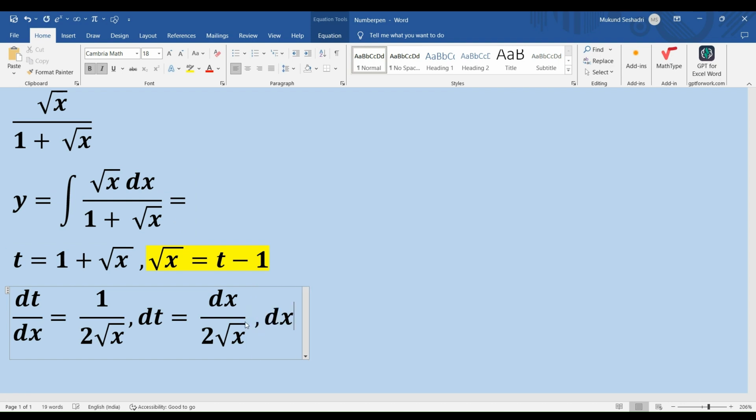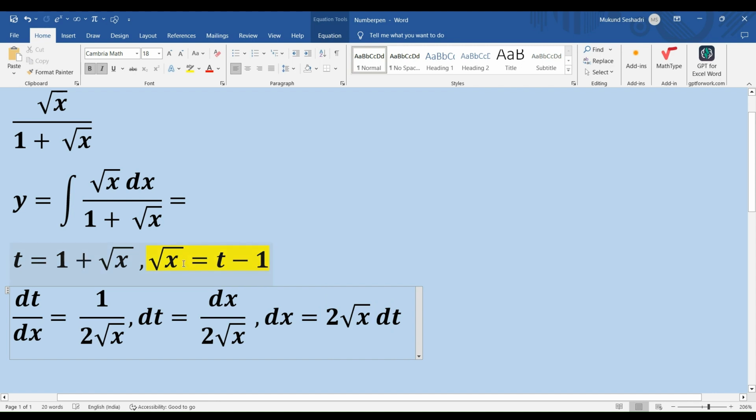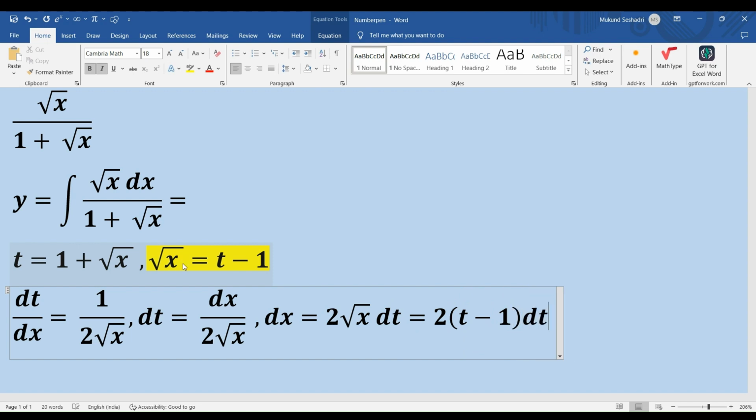So I have my dx equal to 2 root x dt, right? And I go back to my substitution. I notice that my root x equal to t minus 1. And if I want to represent my dx in terms of t, I can replace my root x with a t minus 1, right? So my dx becomes 2 times t minus 1 times dt, right?